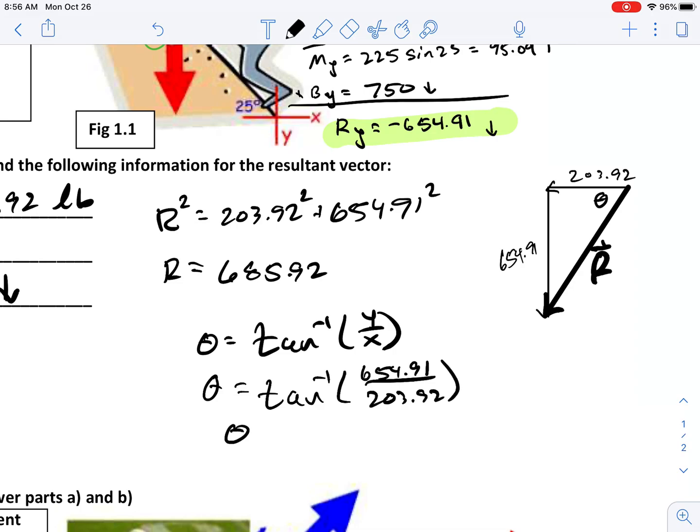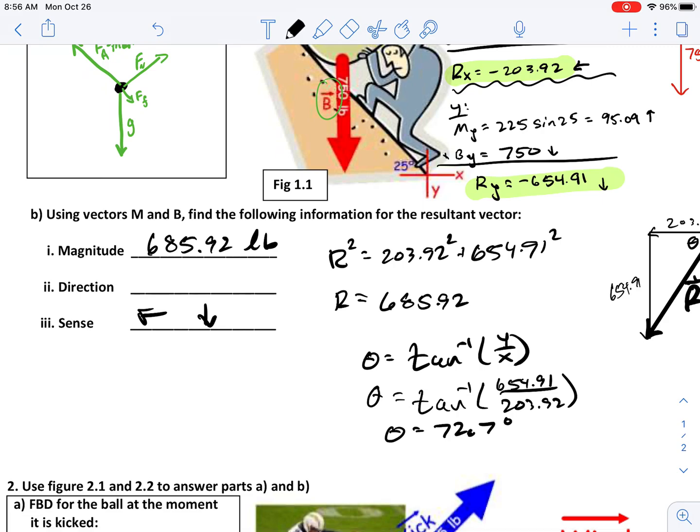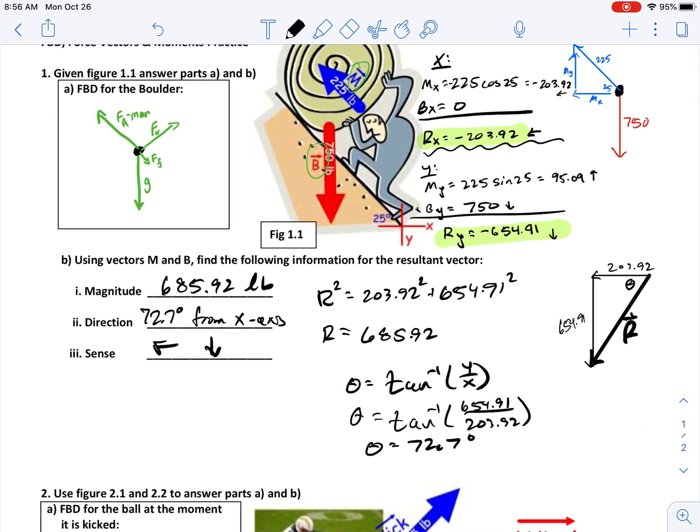And in this case, that means theta equals 72.7 degrees. And so the direction is 72.7 degrees from the x-axis. All right? And so that's our solution.